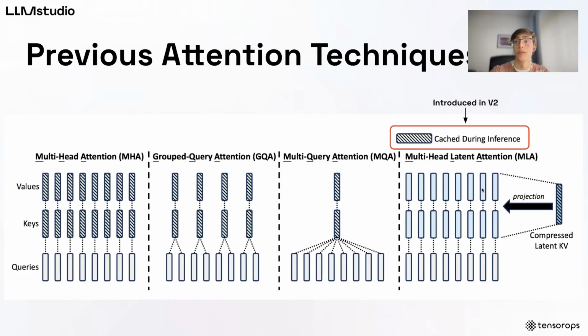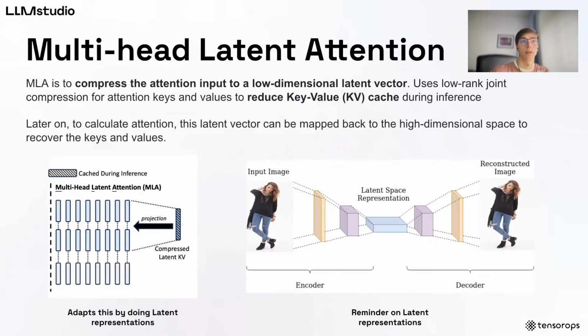What they do here is that between the keys and values, they make a projection, a compressed, latent way of explaining those keys and values together. If you're not really familiar with the concept of latent space, I'll give a small tip, or a small scheme that may explain it better.